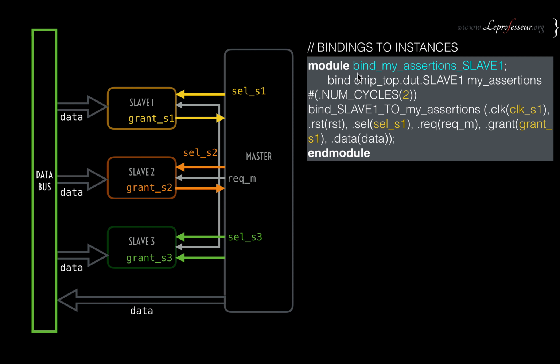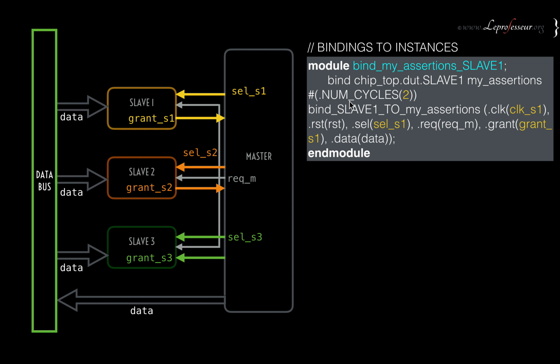So bind is the keyword, and then this is the instance from chiptop.slave1, the hierarchical path of slave 1, and then the module name where I have written my assertions. So 3 things here: the bind keyword, which instance I'm going to bind, and my assertions module name.